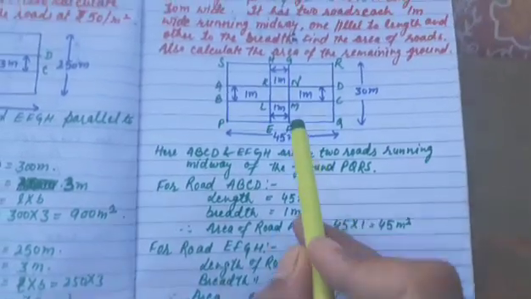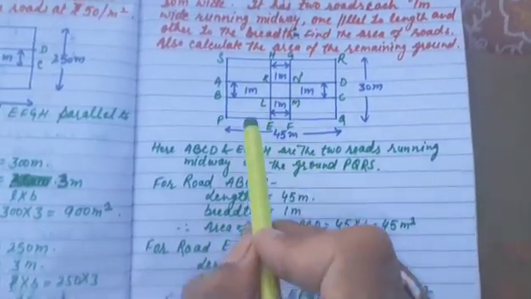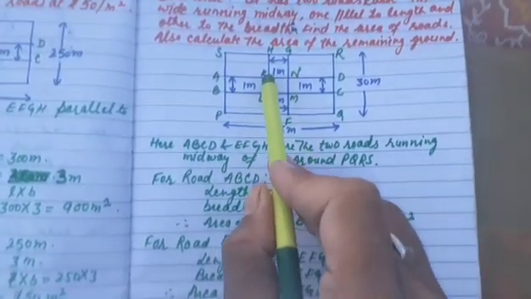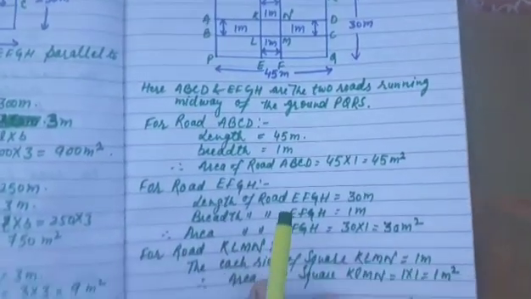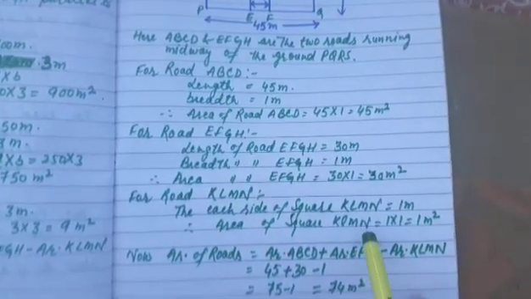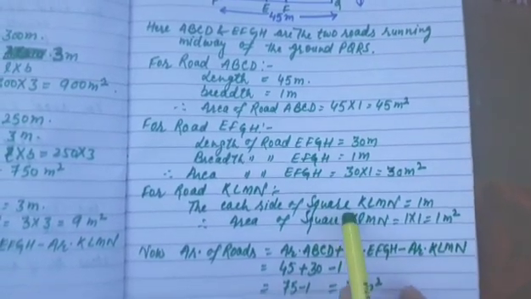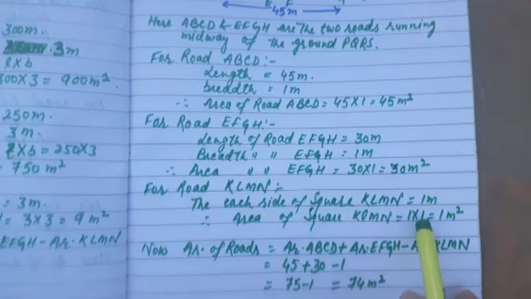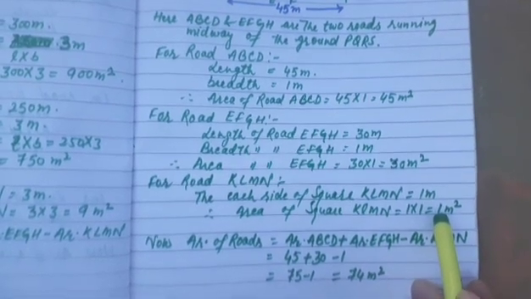Now the area of this common region KLMN, having each side 1 meter. The area of a square is side into side, that is 1 into 1, equal to 1 meter square.